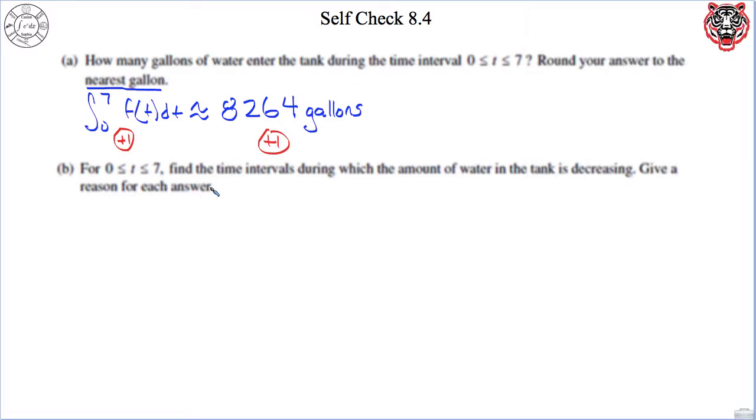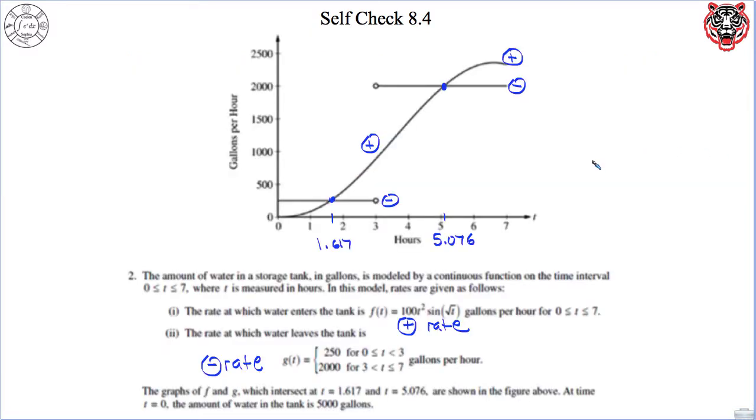So now I need to find the intervals in which the amount of water is decreasing. This one is really just looking at the graph that they gave us. So decreasing is wherever the negative has a higher height than the positive. In this interval here, it looks like it's decreasing because this negative rate is higher than the positive rate.